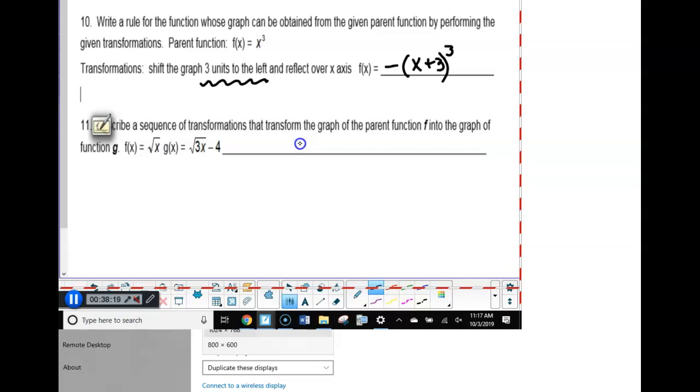Number 11 says to take this and describe the transformations. Okay, guys, this was the parent. What would you do first? Describe what the 3 does, right? And a 3 inside.